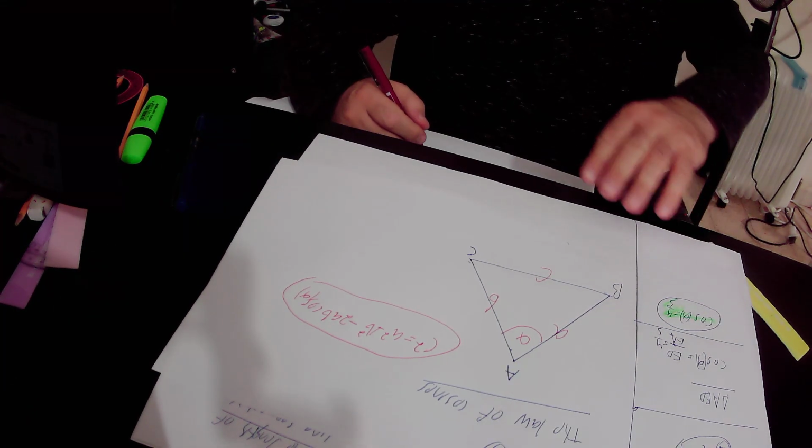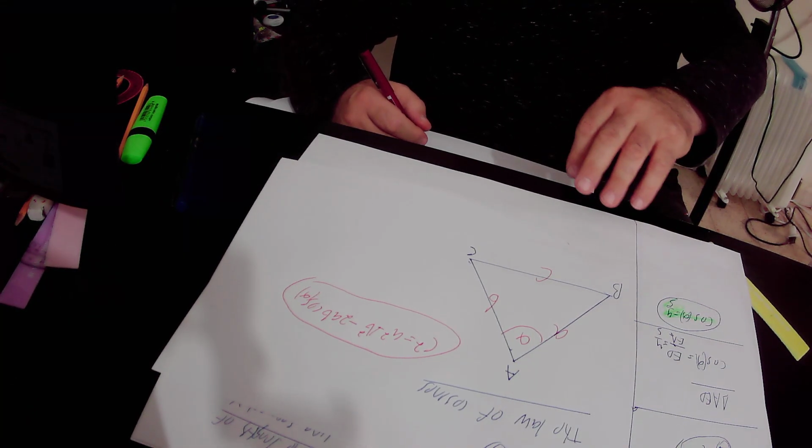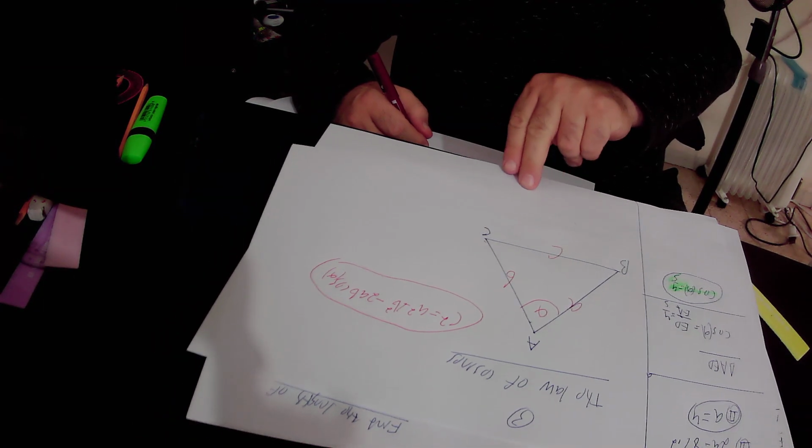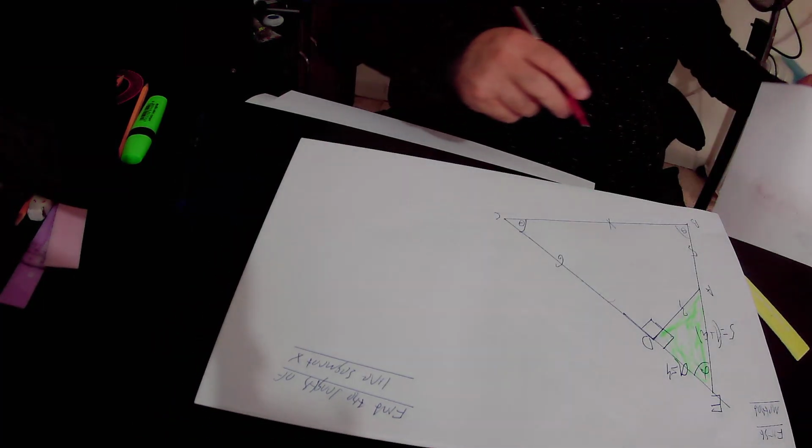So we will implement the law of cosines in our triangle EBC.